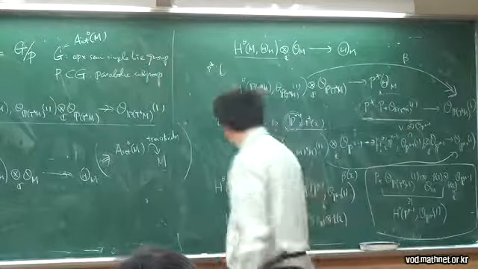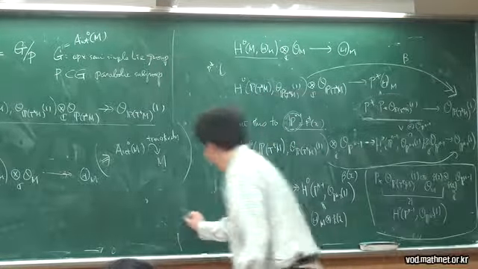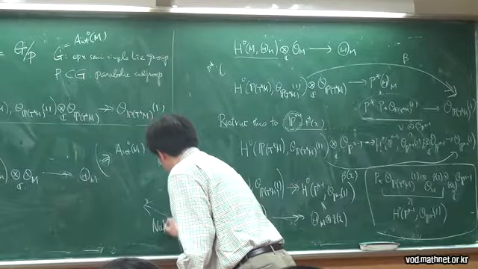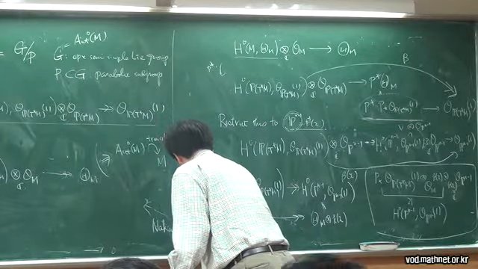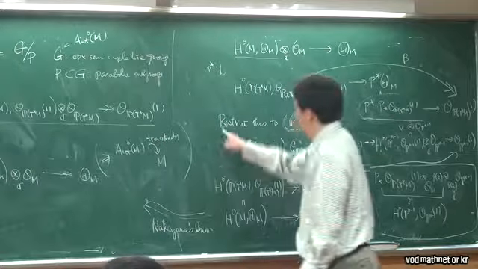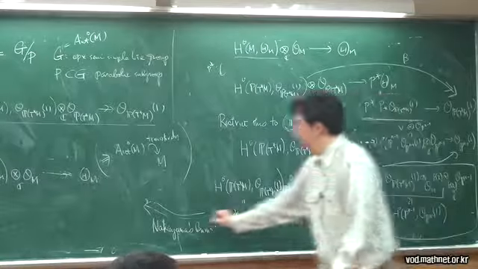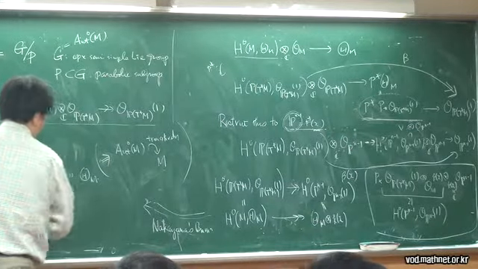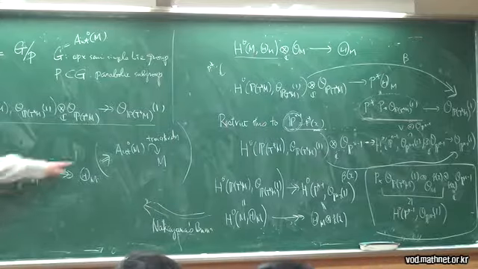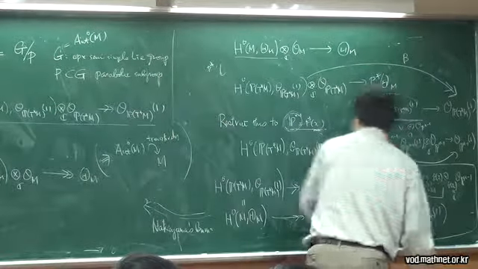But by using Nakayama's lemma, this implies that, x being an arbitrary point, this is surjective. So the automorphism group acts on M transitively.